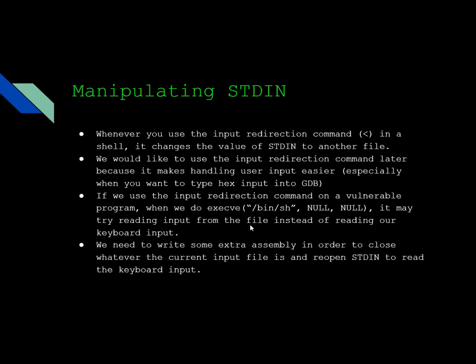And that's an issue for us because a lot of times we want to be able to use the input redirection command, and this prevents that from happening. So we're going to need to write some extra assembly at the very beginning of our code. What this is going to do is close whatever the current standard input file is, and then reopen standard input to read the keyboard input instead of that file.